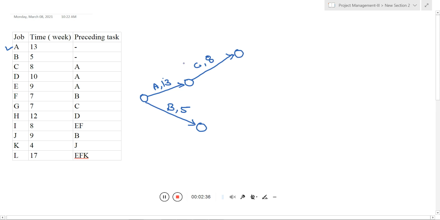Now activity D. For activity D the time duration is 10, so just write down 10.